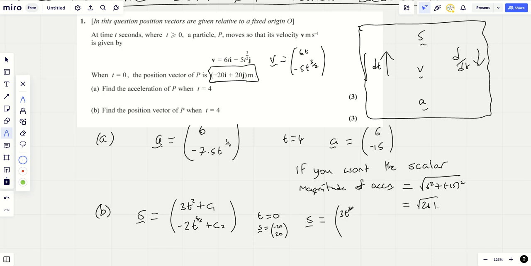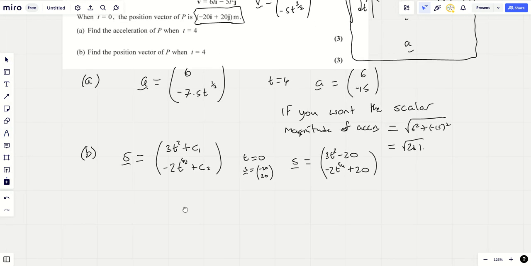And so actually it's going to be 3t squared minus 20 and minus 2t to the 5 over 2 plus 20. Cool. Be slightly careful if you had x, e to the power of t or something like that, or cos t, then t equals 0 is not going to make it 0. Watch out for that. That's an easy trip up. Okay, but now we should be fine.